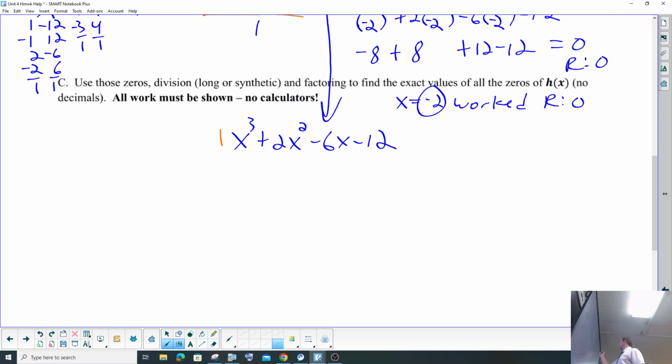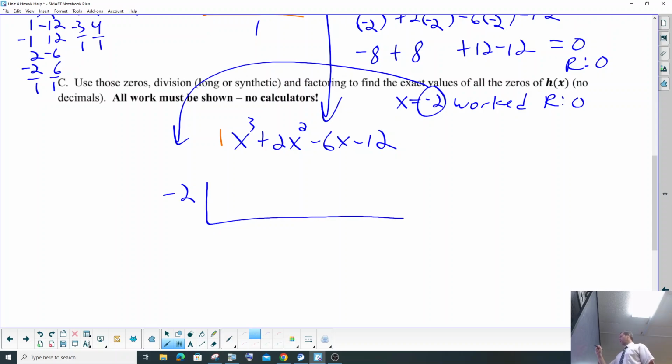We take negative 2, which is already solved for x, and do an upside down house. We bring down our 1, our x squared term, which is 2, our x term, which is negative 6, and negative 12. And we should get remainder 0.